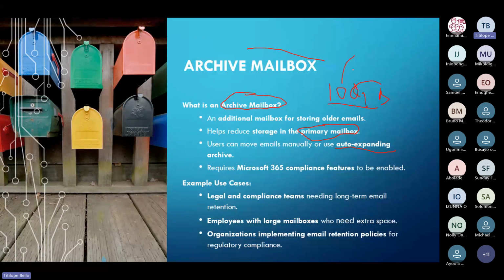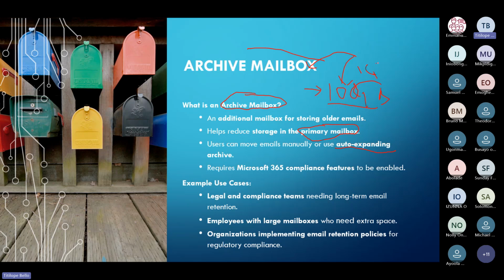It will always move the content into the archive mailbox. Now, let's say the archive mailbox is full. It has reached 100 gig. What auto expansion does, but you have to enable this, is every day, or is it every 10 days or so, I have to confirm that, it will keep expanding it by 1 gig.